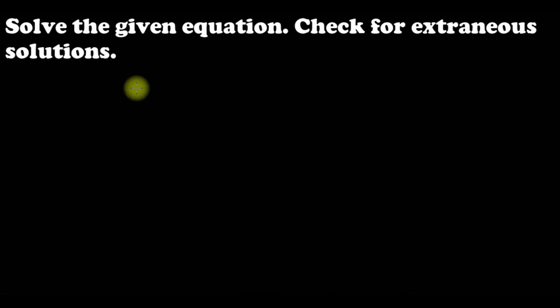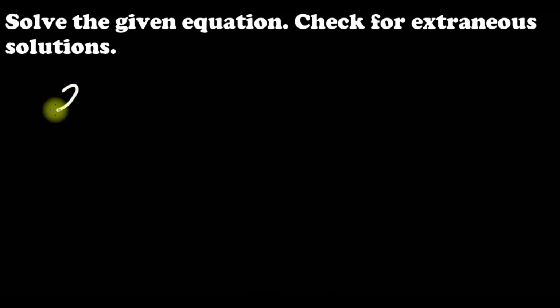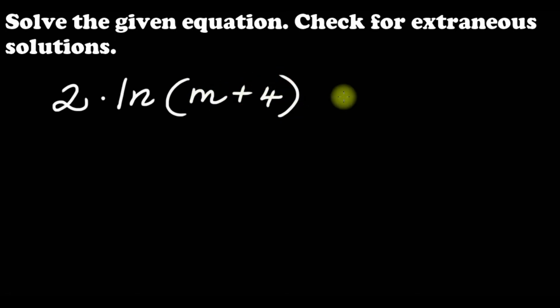Okay, let's take a look at the next one. So the next one, I have 2 times ln of x plus 4 is ln of 4. Okay, so we're going to solve for x here. So first thing I have to do is to condense here using the properties of log.